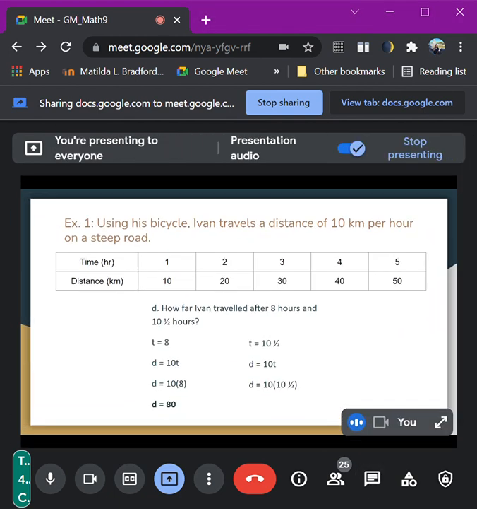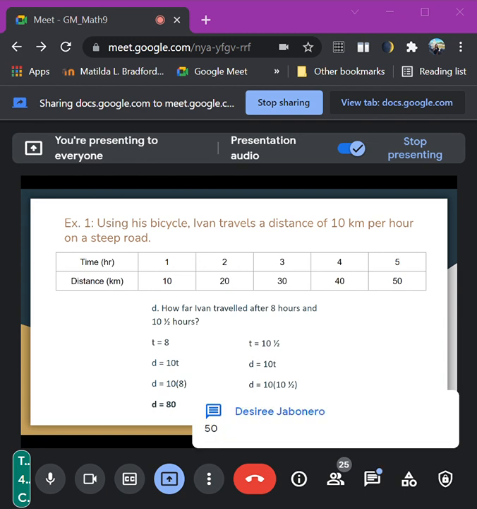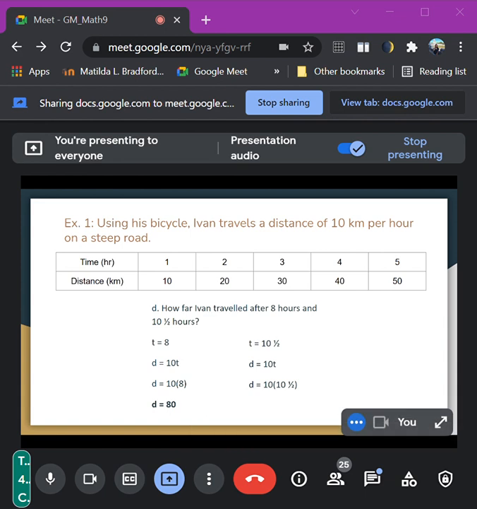Try to solve if you have calculators there. Okay. Is it 50? 10 times 10 and a half.